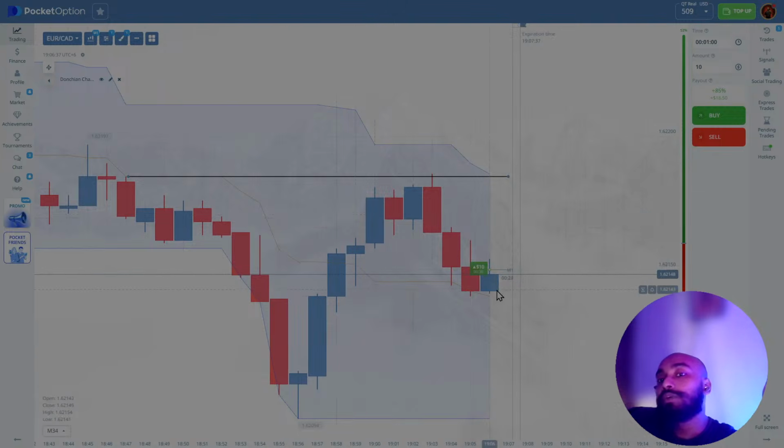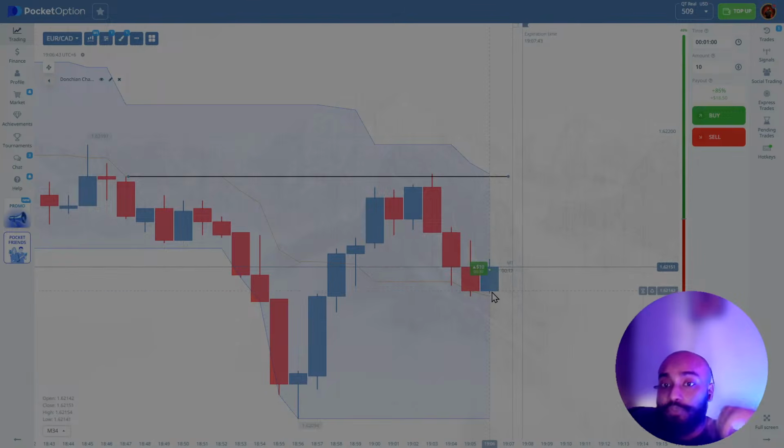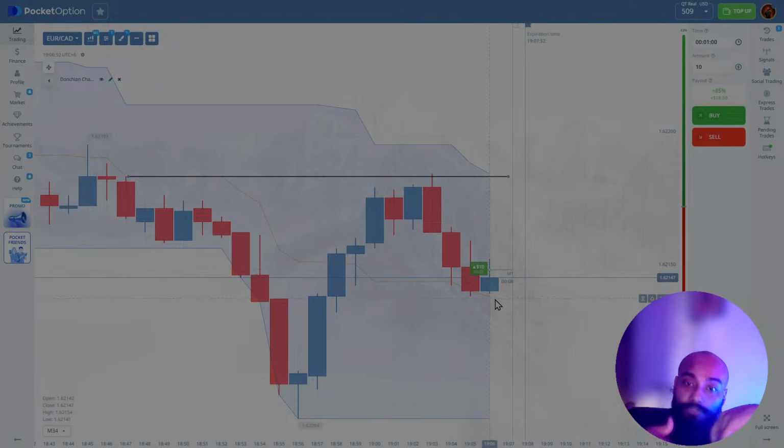So that's why I took a buy trade from here, but I should have taken it from lower. That would have been a much better entry point. But with the fluctuation it is going to win the trade. And we still have 17 seconds left.